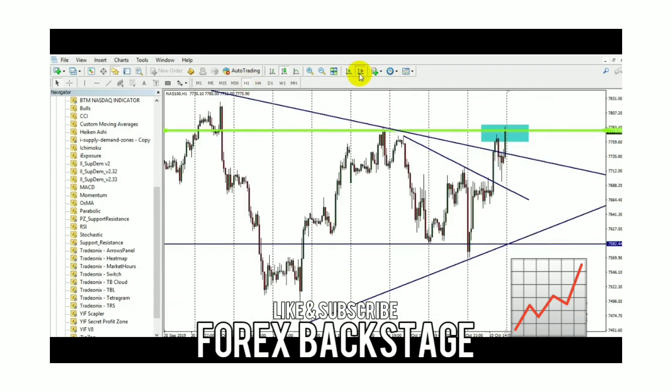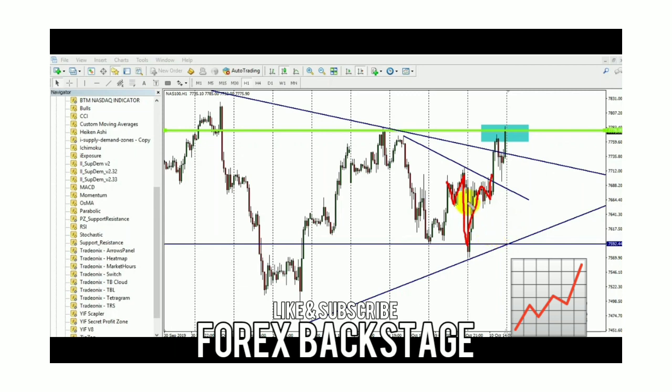And I told you we check these patterns only on the 1 hour time frame or 15 minute time frame. So here I see a head and shoulder pattern. If you are a forex trader, sometimes we force things to happen.